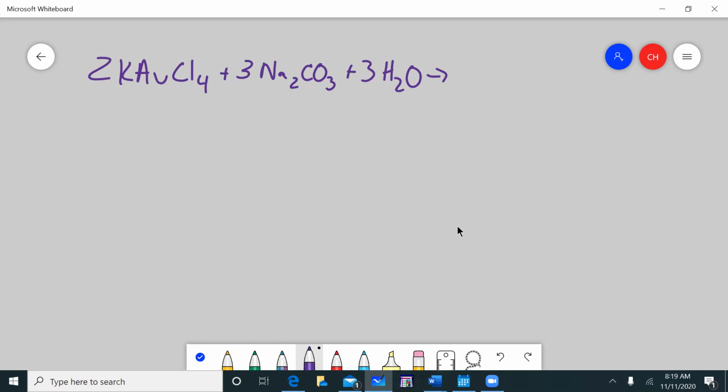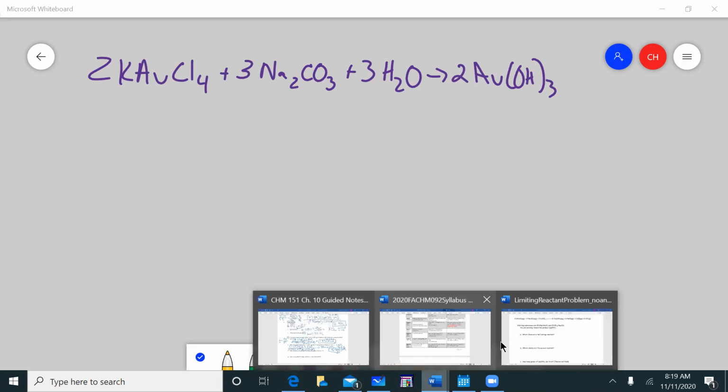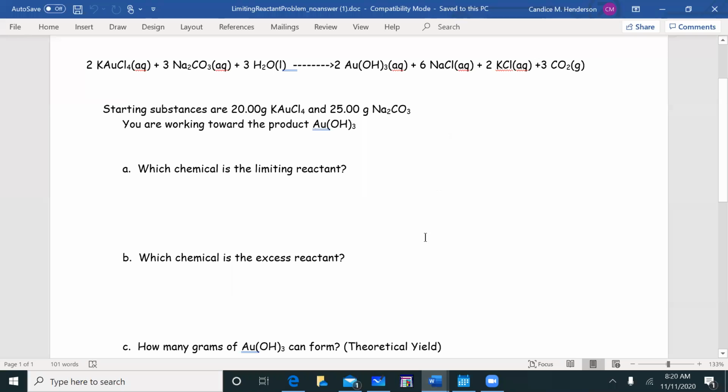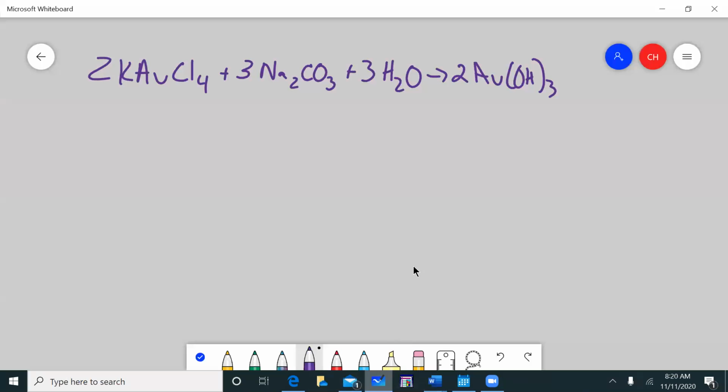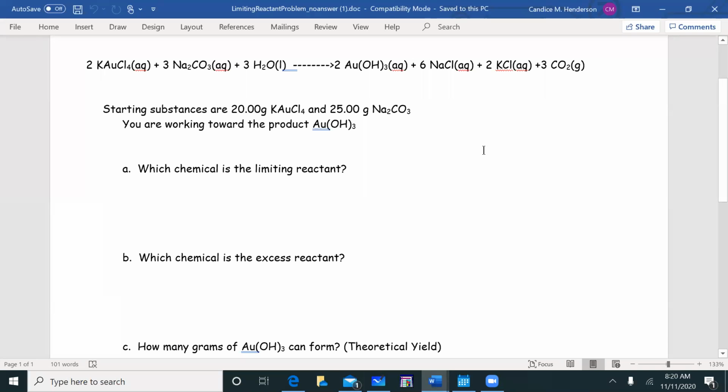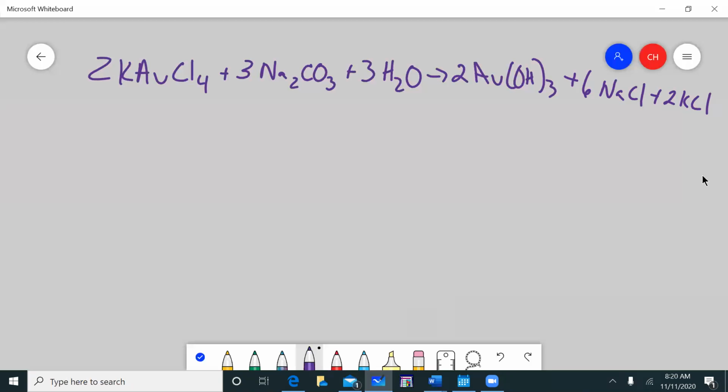Reduced to 2 AuOH3, 6 NaCl. So it doesn't really matter that I write all the rest of these things, but I'm going to fill them in anyway, plus 3 CO2.